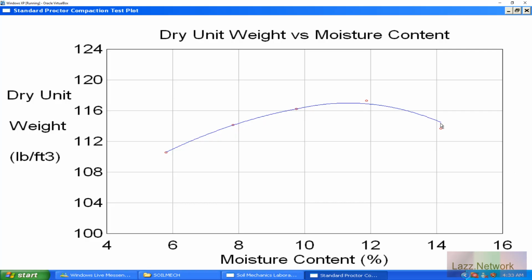The reason for that is, let's say your field representative is out testing and they got a 115 density, and here we know we need a 117.